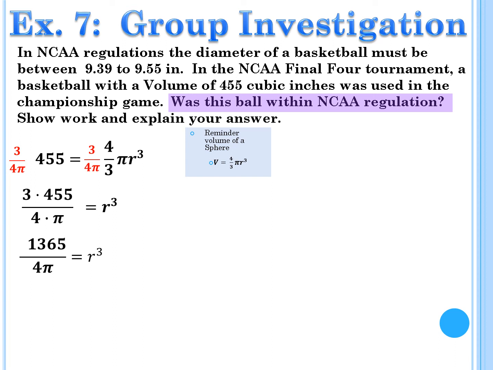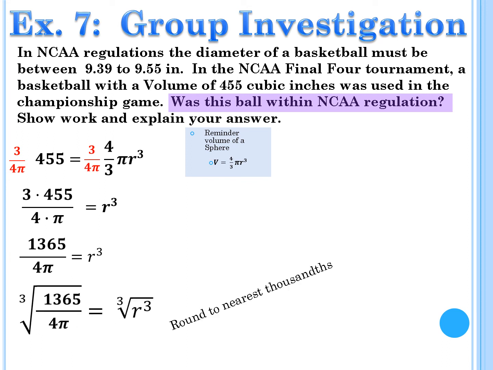At this point, we are going to take the cube root of both sides because we've got r cubed isolated. Now, because we are comparing it to a pre-existing measurement from the second line, we need to make sure that it falls within 9.39 to 9.55 inches.